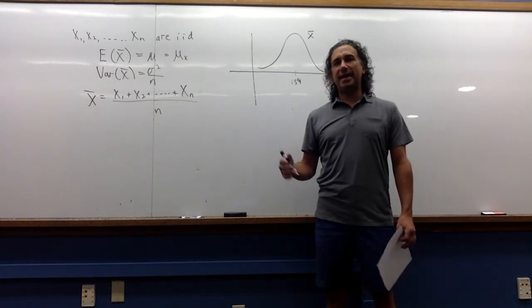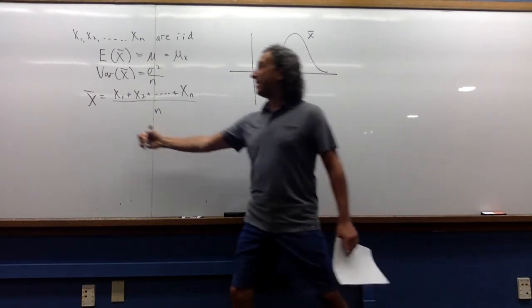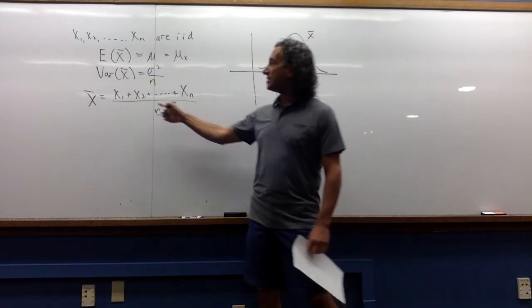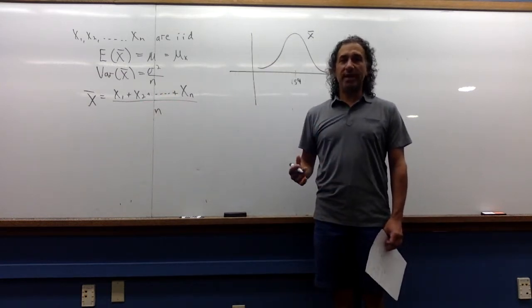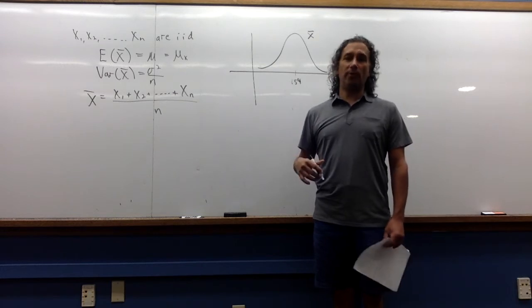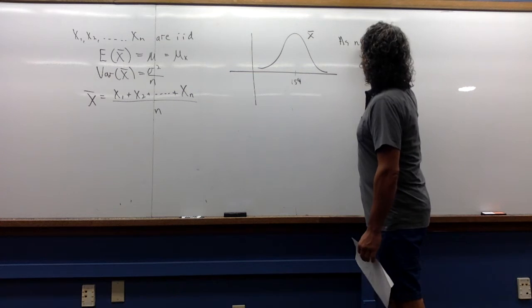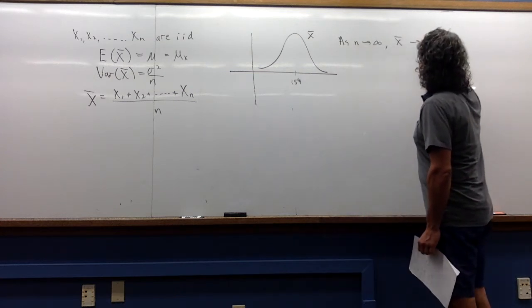If the original xi's happen to be Poisson or uniform, then x bar is definitely not normal. But as n gets larger and larger, this averaging effect occurs, and x bar becomes more and more normal. So as n approaches infinity, x bar approaches a normal distribution.